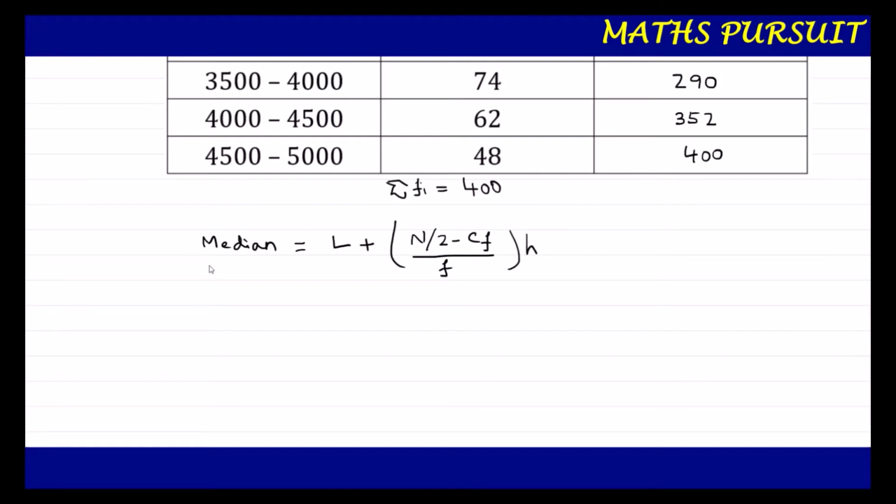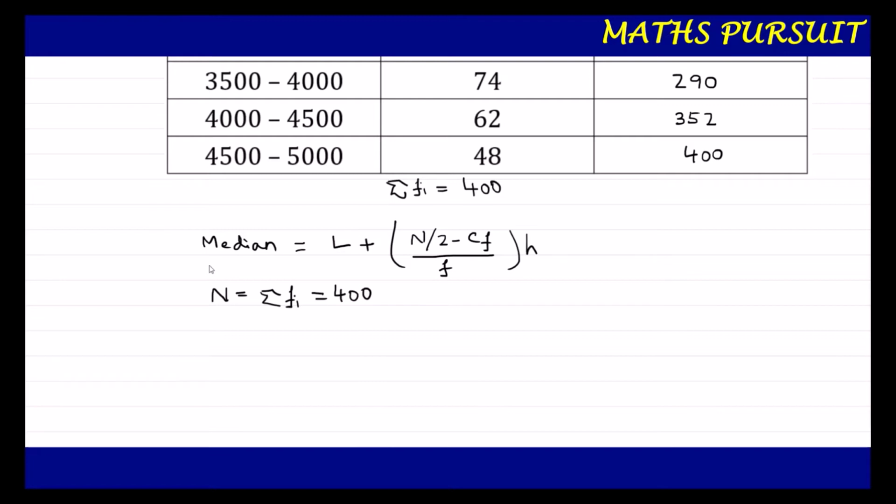Here L is the lower limit of the class interval, h is the class height, f is the frequency, and CF is the cumulative frequency. Now after writing down the formula, we are going to find the value of n by 2. What is n here? n is the sum total of the frequency, that is 400.